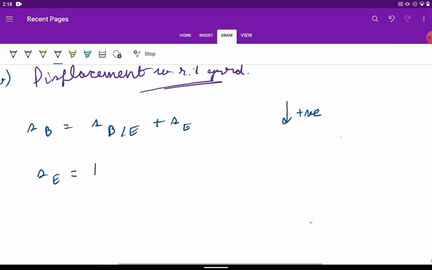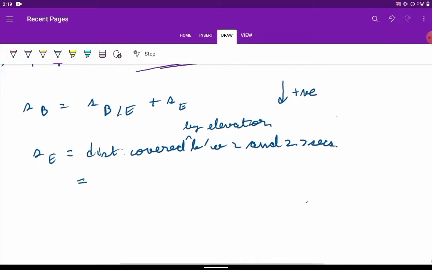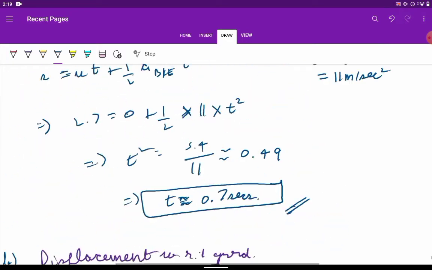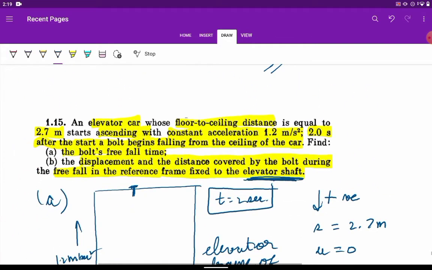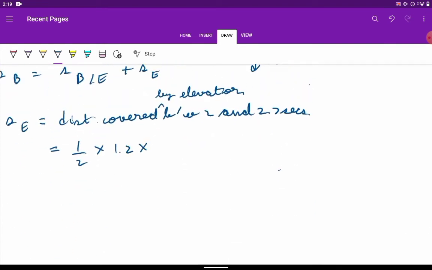So distance covered between 2 and 2.7 seconds by the elevator, and obviously initial velocity is 0, so it becomes half a, half into the acceleration of the elevator, which is 1.2. Since we are subtracting, it will become 2.7 square minus 2 square, right?